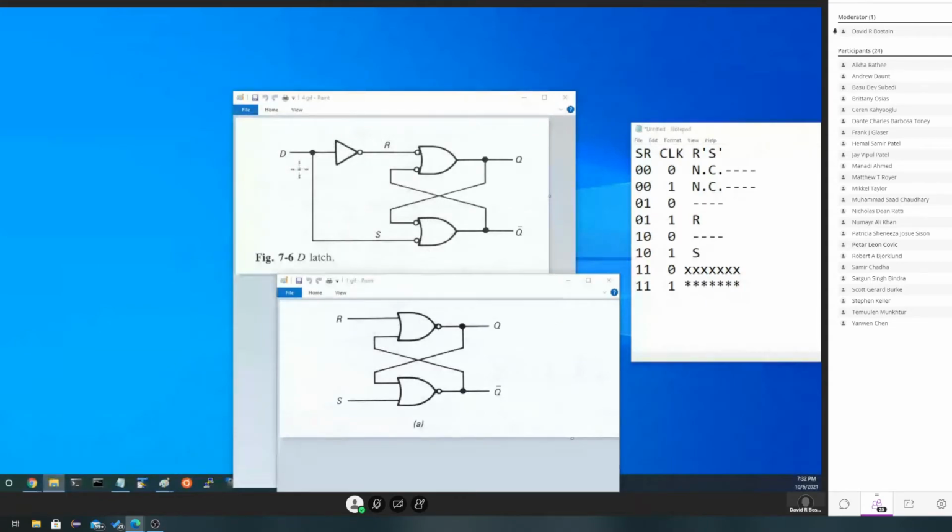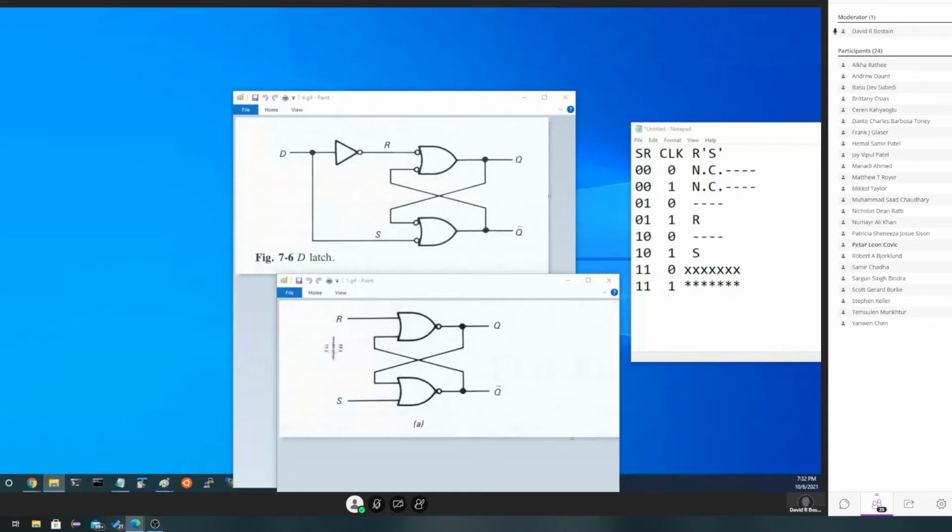Here's the problem. When I have D, I can set the output and leave D a 1, it'll stay set. If I make it a 0, Q, and the inversion of Q becomes set. And as long as I leave D not set, that stays the same way.